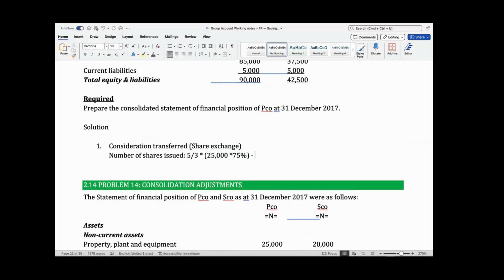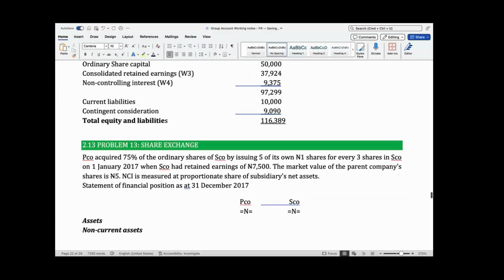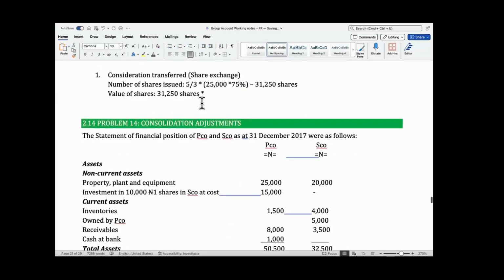So what's the number of shares we're looking at? 31,250 shares. So what's the value of the shares I'm giving him then? That's 31,250 shares times 5 naira, which is 156,250 naira.